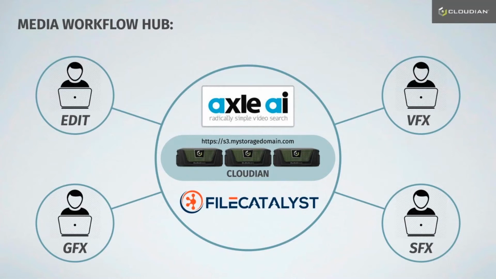And then underneath all of that, FileCatalyst provides a high-speed file acceleration framework for extending all of this asset management out to my remote workers, who are editors in the field, or graphics artists who are contractors or third parties, or working from home, visual effects artists, or sound effects or music composers.